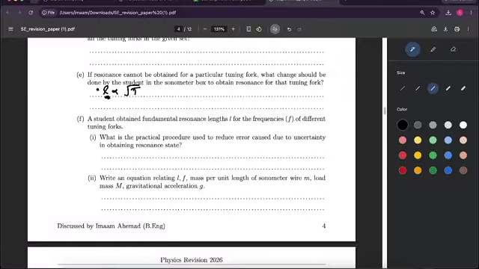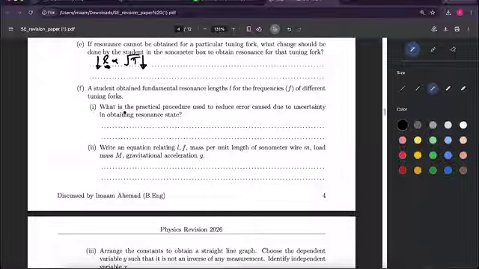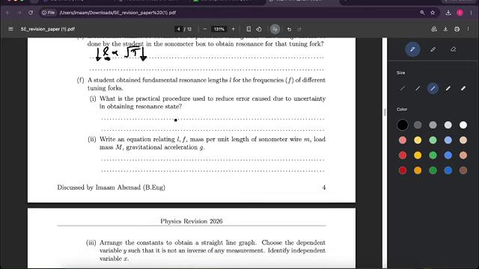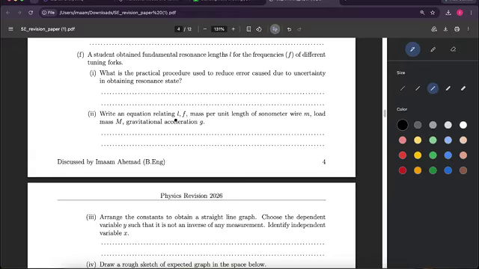So he wants to reduce the resonating length. He can do that by reducing the tension, by reducing the load on the wire. What is the practical procedure used to reduce error caused due to uncertainty in obtaining the resonance state? That is what we discussed finally: take multiple values and get the average.